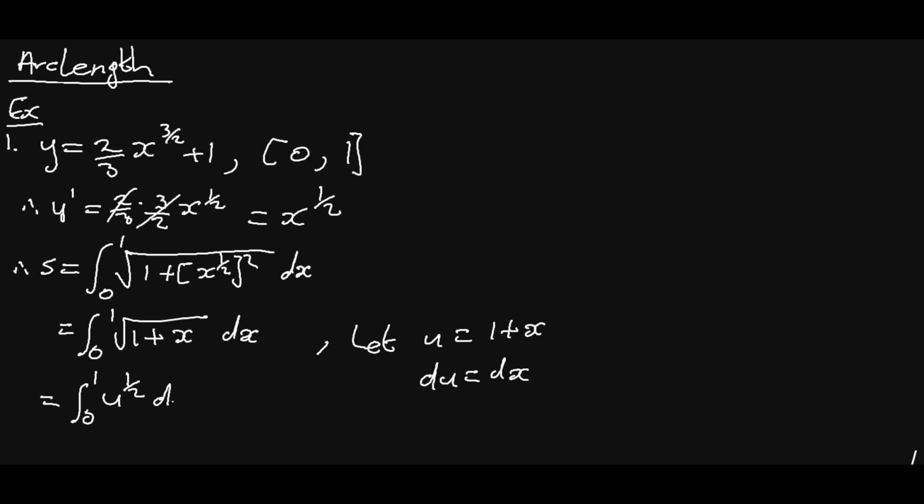So therefore the answer will be u raised to 1 over 2 plus 1, which is 3 over 2, so we have 2 over 3 here. We substitute back the x values, but you have an option to redefine your limits according to your u value. What I'm doing here is just going back to x, so here is 3 over 2.